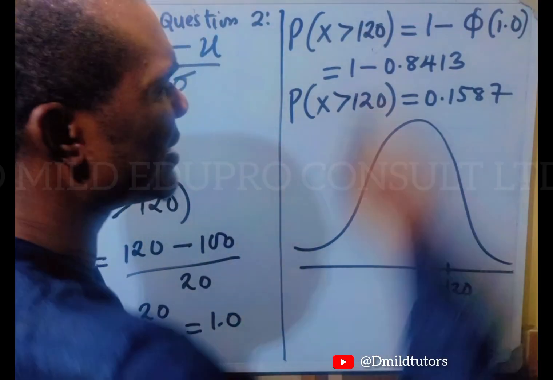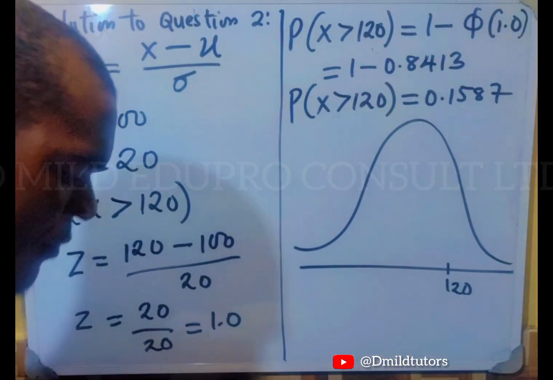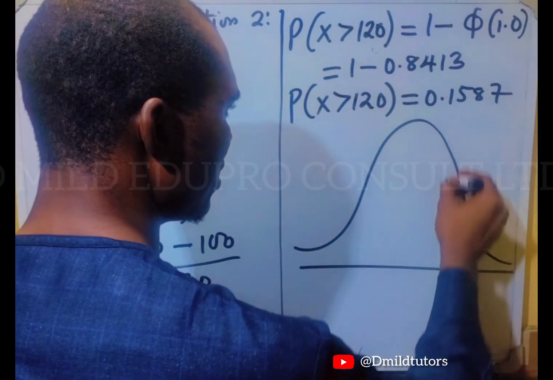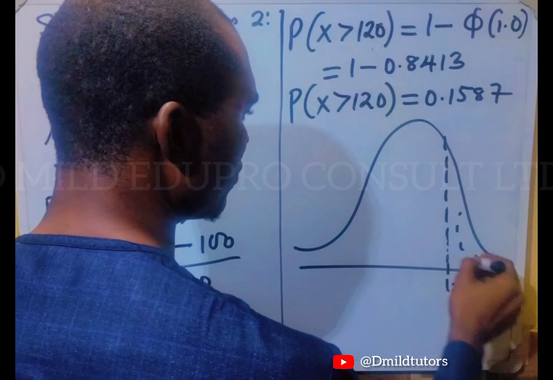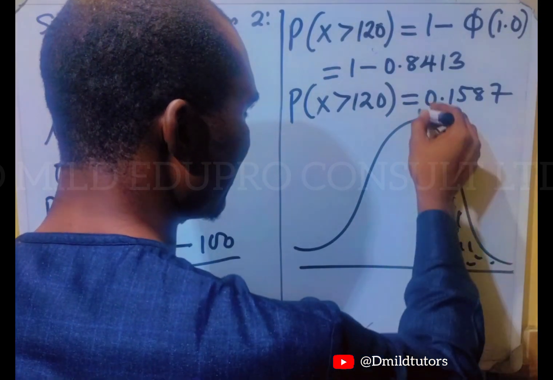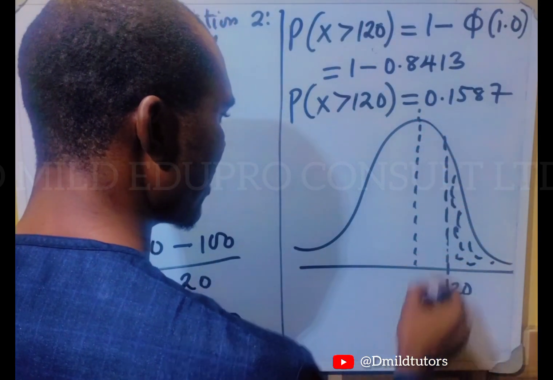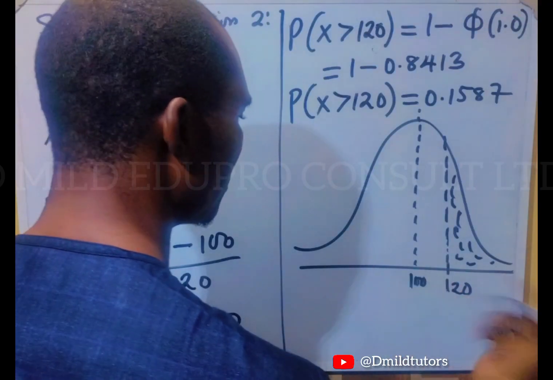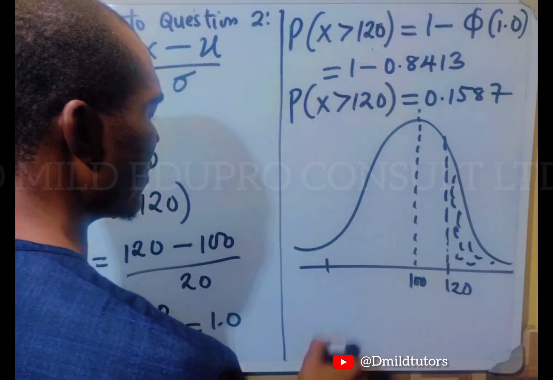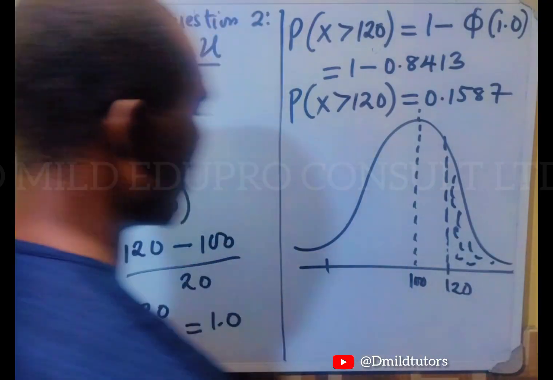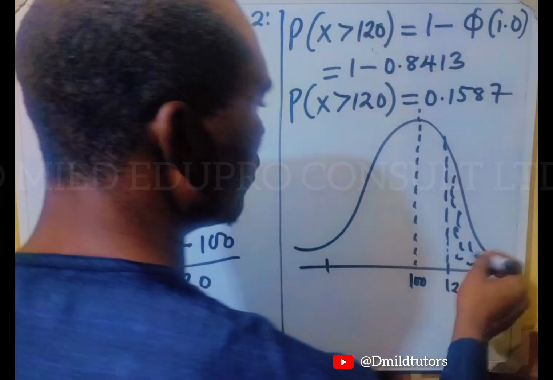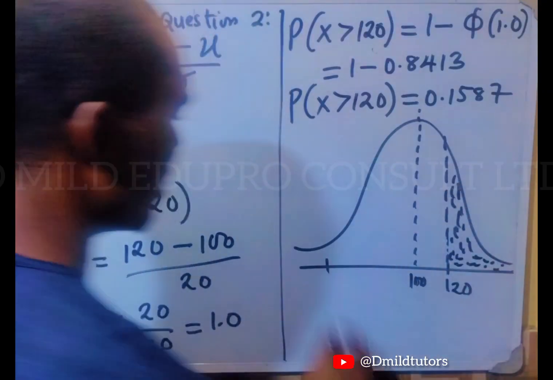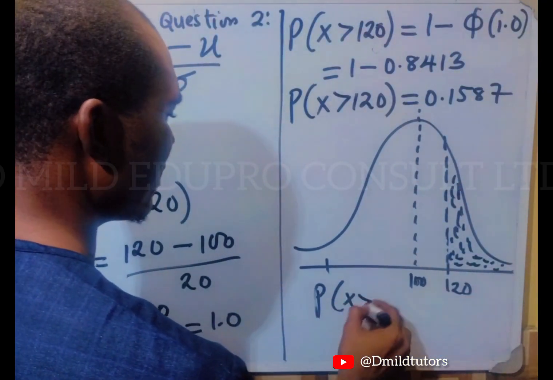This is 120, then you shade all these parts. Remember, this is the center. The center can be 100, then 110, 120, like that. Then you can decide to do this 50 and the rest of them. So this is the shaded part you are asked to show using your normal curve. This is x greater than 120.